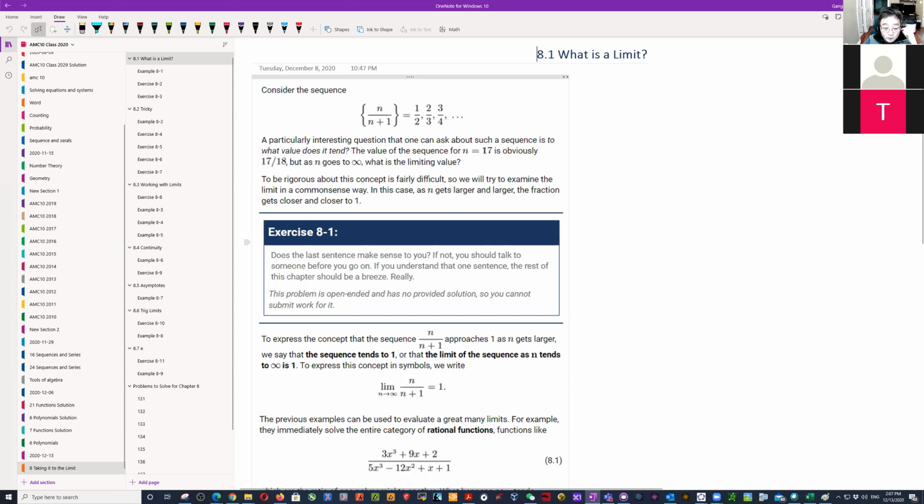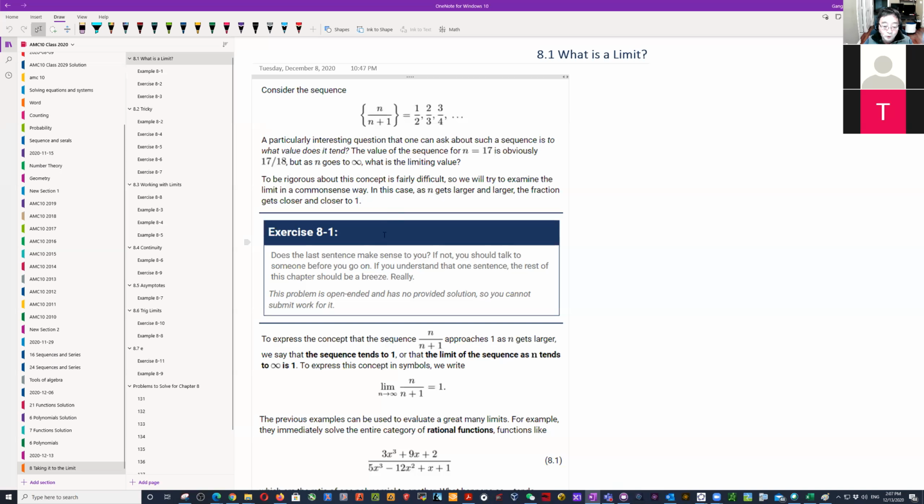When n equals 17, it is 17/18. When you take n to infinity, it's quite obvious that it's still a number less than 1, but it's infinitely close to 1. So that's the concept of the limit.